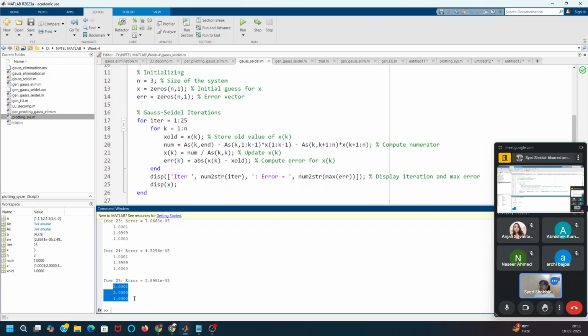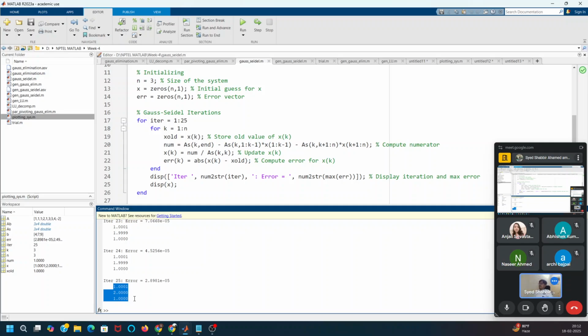If my error goes below this, I'll just stop it, because otherwise these iterative techniques can run for an infinite number of iterations. You will get closer and closer. So it's not necessary to do that.